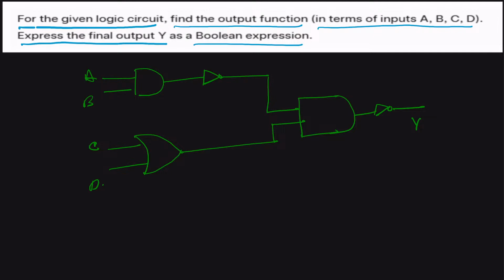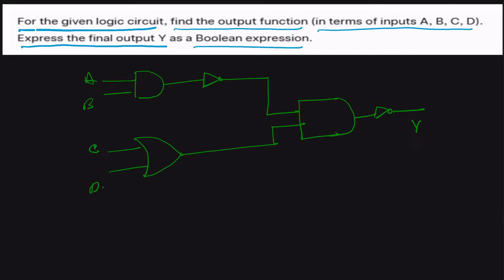So this is our AND, so this will be A dot B, okay, and then is our NOT gate, so this will be our A dot B whole NOT, and this we can write as A complement plus B complement, okay, as per the standard result.